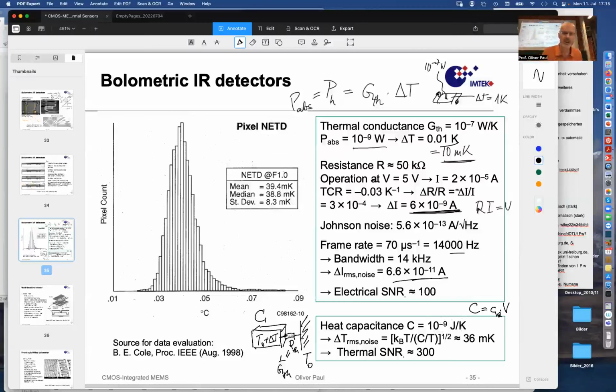So if 10 to the minus 9 joule of energy arrive here, the temperature change delta T will be 1 Kelvin.